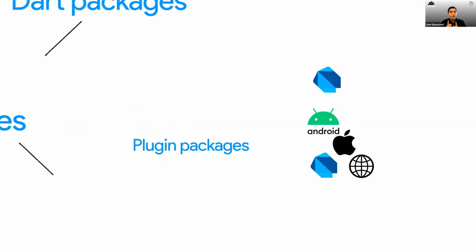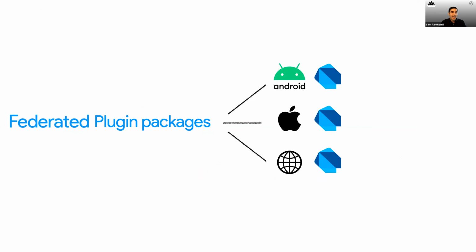We're gonna cover this very shortly, but at this time, Flutter no longer recommends that you keep all the implementations in the same folder, and instead it recommends a practice called federated plugin packages, where instead of one package, you would have multiple packages, where each package has the implementation for that specific platform. More on this a little bit later.